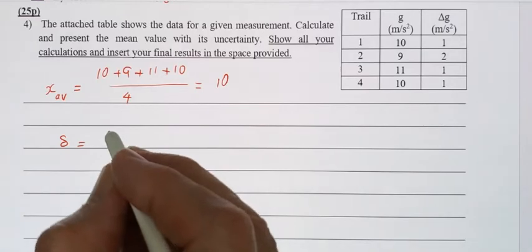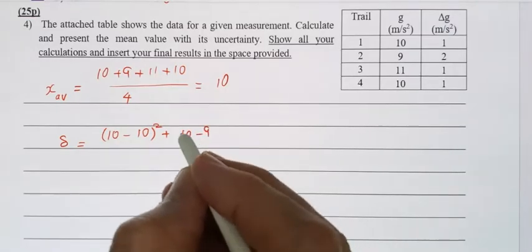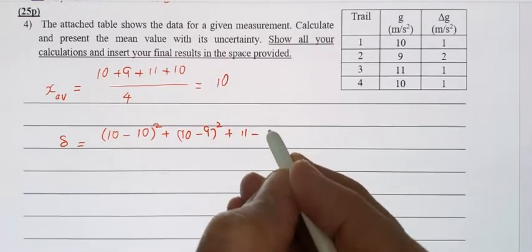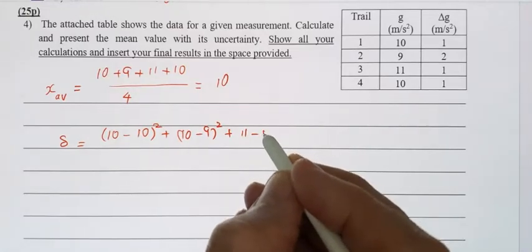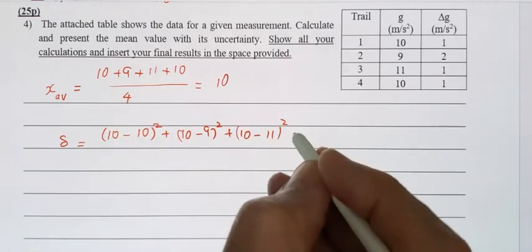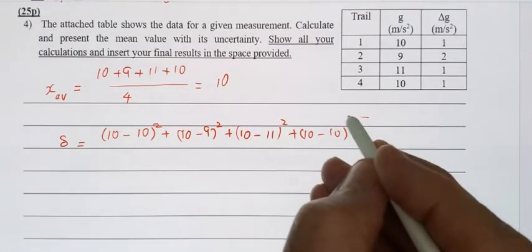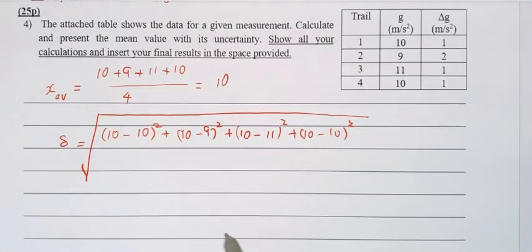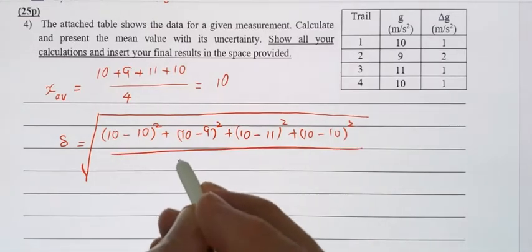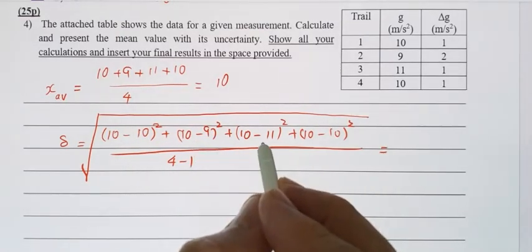So the standard deviation will be the square root of (10 minus 10) squared plus (10 minus 9) squared plus, very easy example by the way, (10 minus 11) squared plus (10 minus 10) squared, everything under the square root, and then I divide by 4 minus 1. As you can see, it's a very easy example. 10 minus 10 is 0. Here I have 1 and 1.